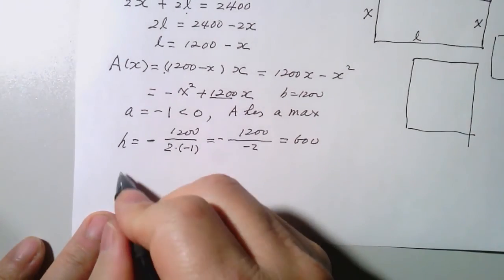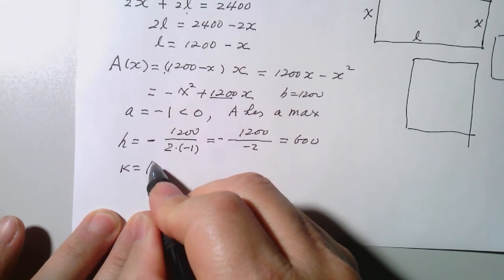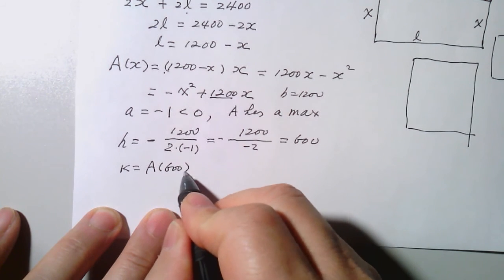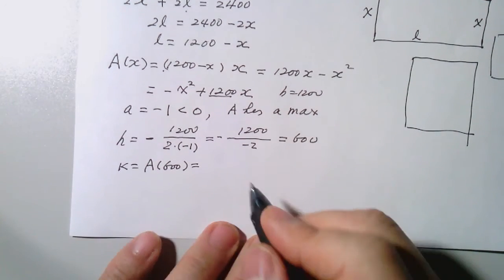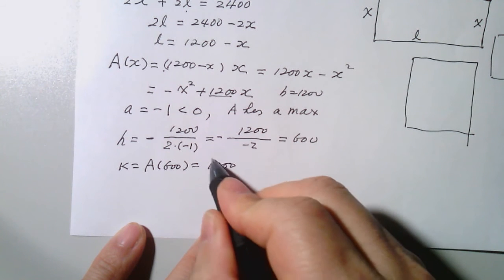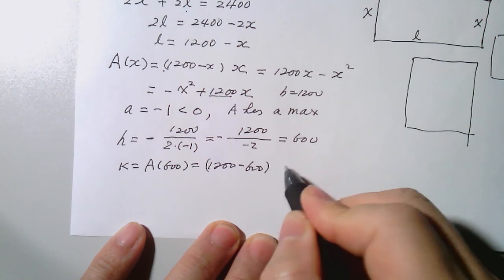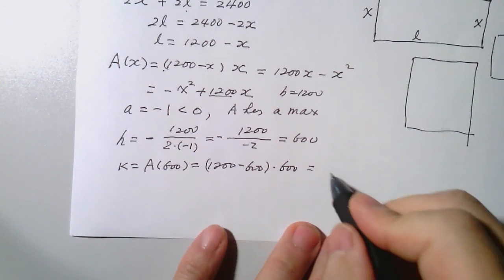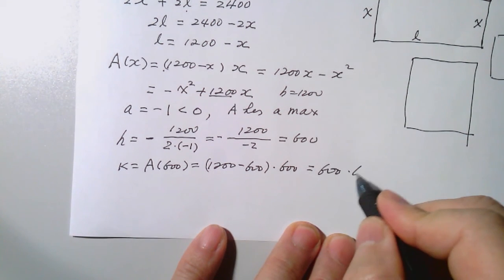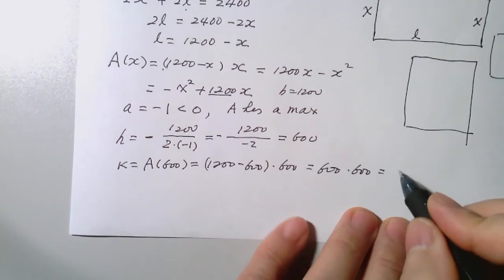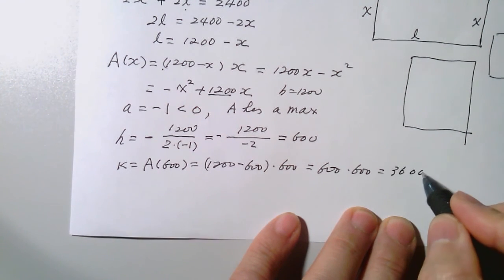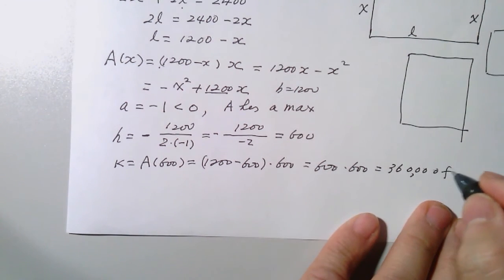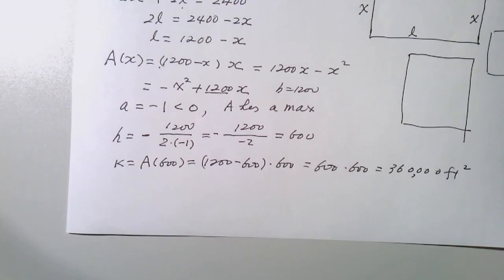So k, which is A of h, is A of 600. You have 1200 minus 600, times 600. That gives us 600 times 600, which is 360,000 square feet. So now basically we are done.